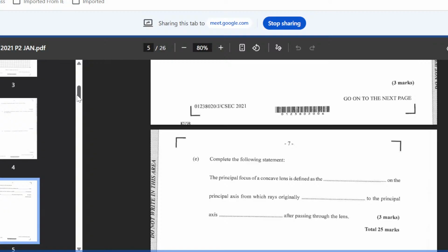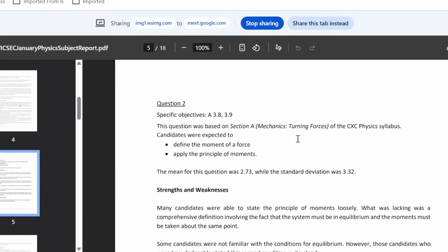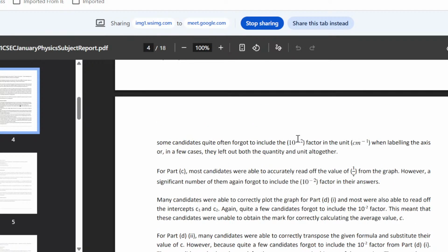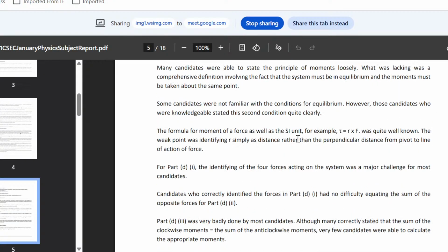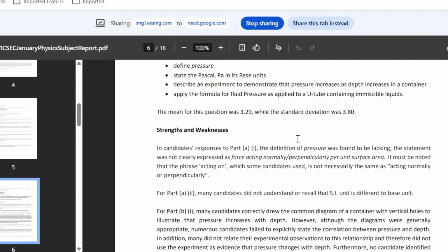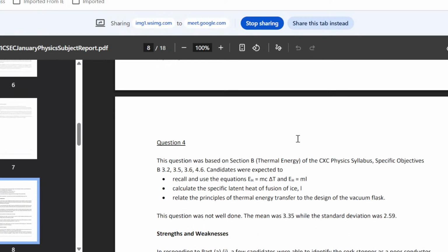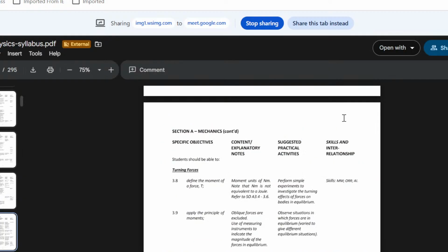Let me see if there's anything on the report that I did not highlight. Alright, so make sure that you're using your syllabus.